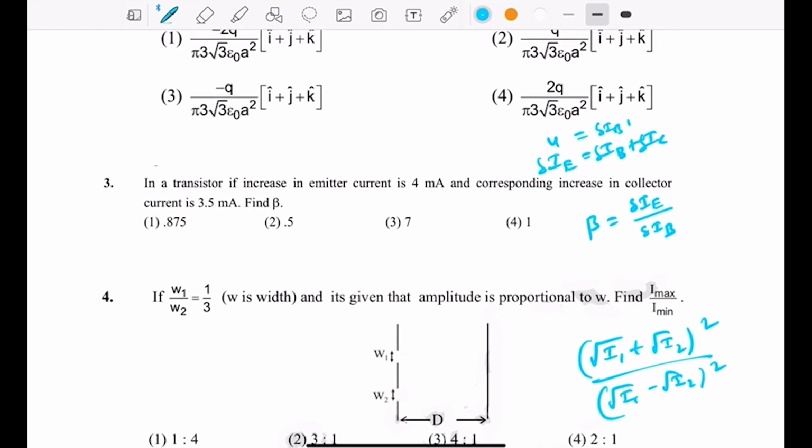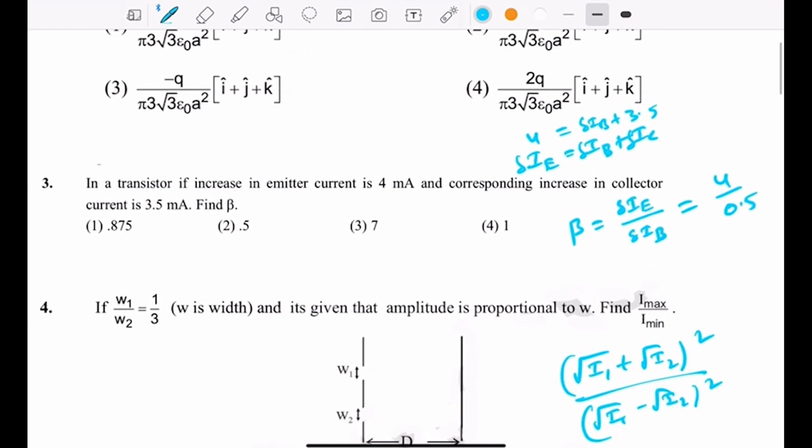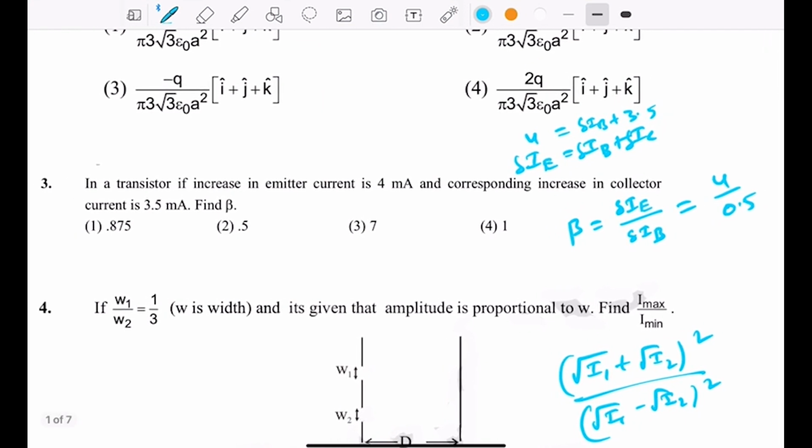Oh sorry, this is not emitter current, so it is collector current by base current. The increase in current is 4, which is delta IB plus 3.5, so delta IB is 0.5. So beta is 3.5 upon 0.5, it will be 7.